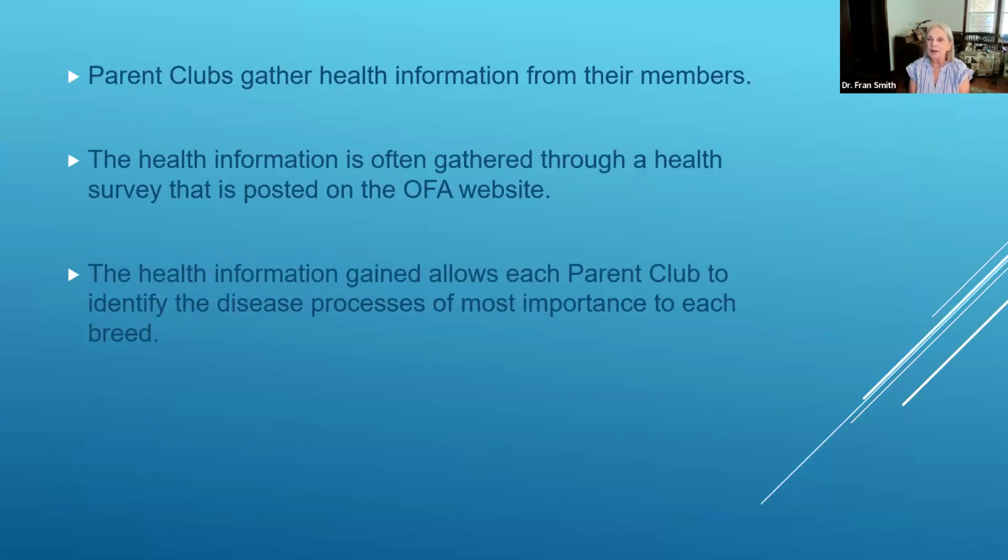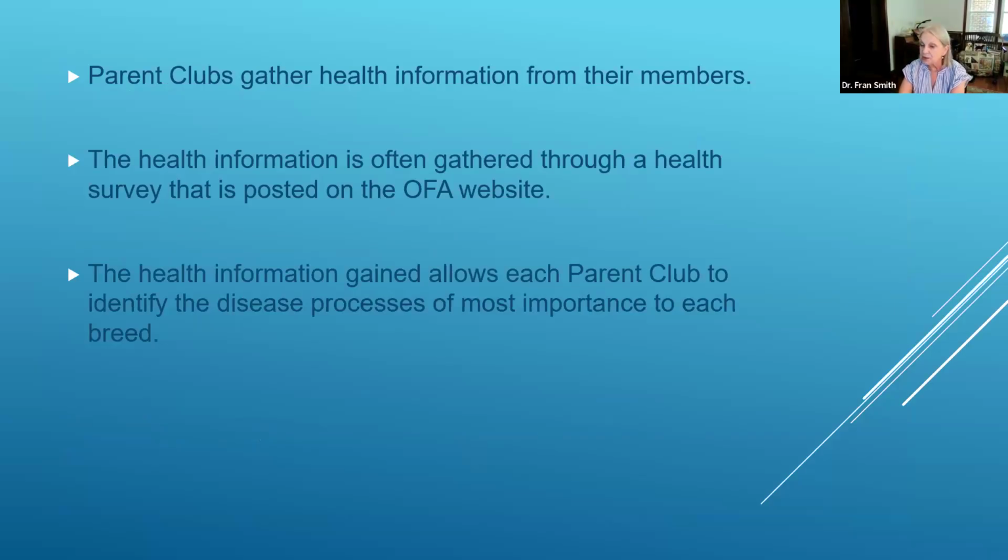Parent clubs, though, gather health information from their members. And each year or every few years, the parent clubs at the AKC send out a survey that asks the members of the parent club, what are the most significant health issues in your breed? And typically from them, we help the researchers decide what they should research and what we can do that is most important to each breed.